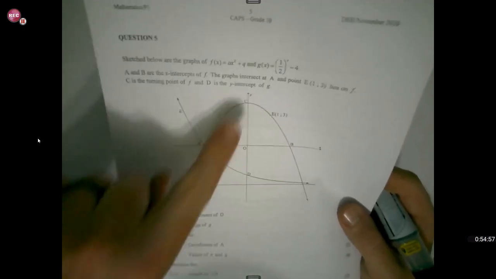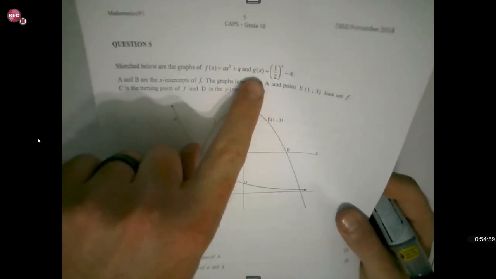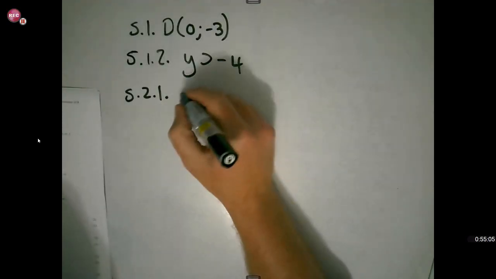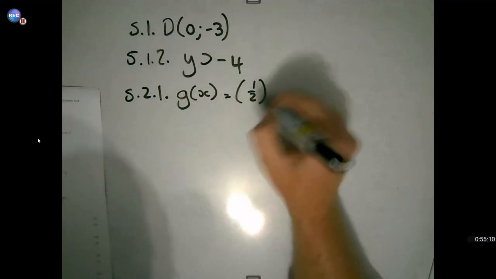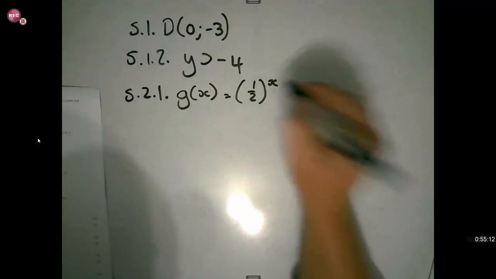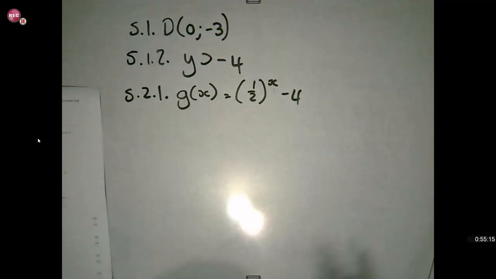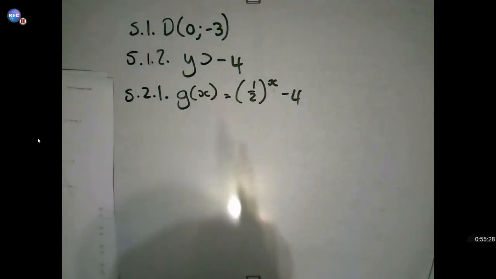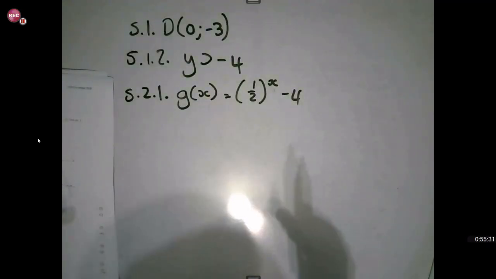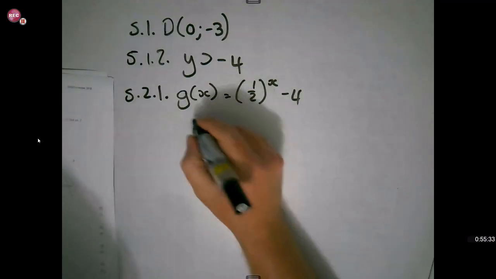In my opinion, I would use the g function, meaning the exponential function, so g(x) is equal to (1/2)^x minus 4. I know that I need to calculate for x, and the fact that the graph intersects the x-axis means that the y value is 0, because the graph at that point has not moved up or down. So this is going to be 0.